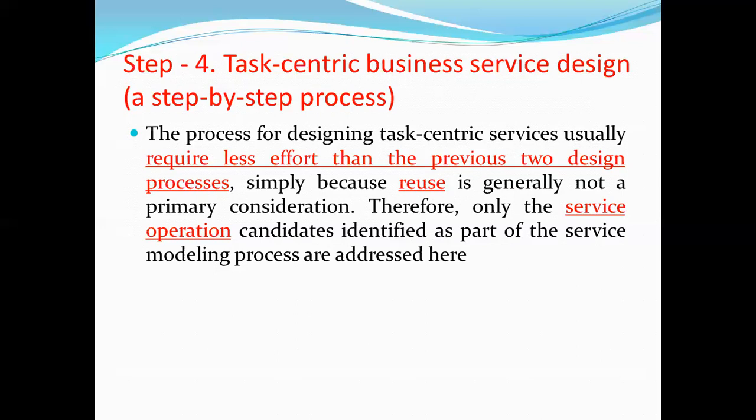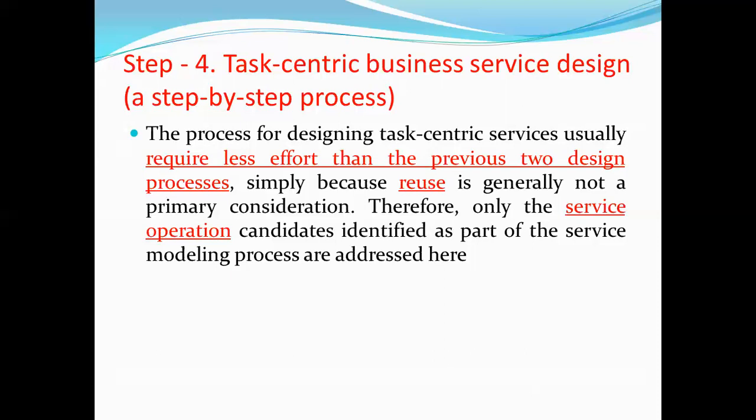We are fulfilling the end user requirement, and that requirement is a unique type of requirement. Therefore, instead of reusing the system, when developing the new system with the task-centric approach, only the service operation candidates are identified. We have already covered the analysis phase, in which we identified the scenarios, and those scenarios were converted into a flow chart or activity diagram.